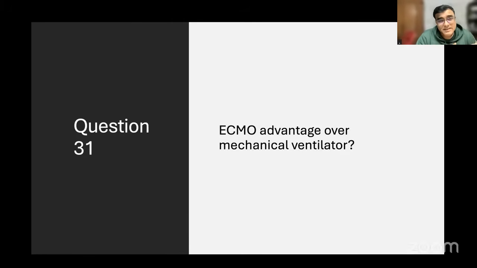When we put the patient on ECMO, we can reduce the tidal volumes to very low, like 4 ml per kg or lower. So this basically gives the lung rest. So that is one advantage ECMO has over mechanical ventilators. If cardiopulmonary bypass was there, then that would have been the correct answer.